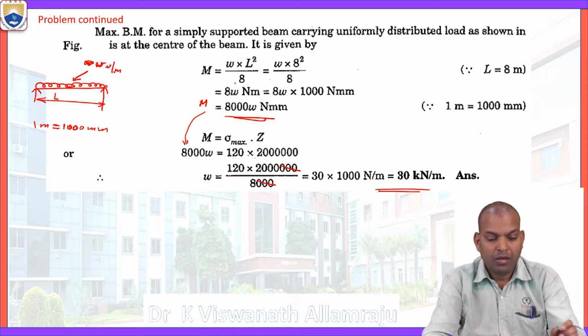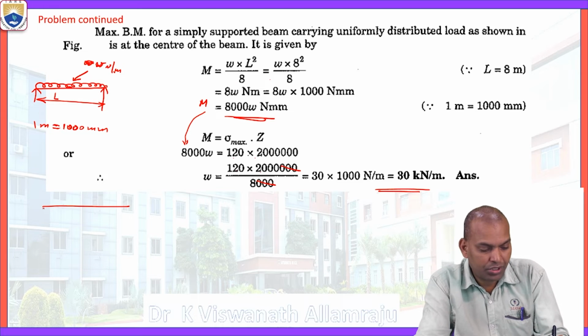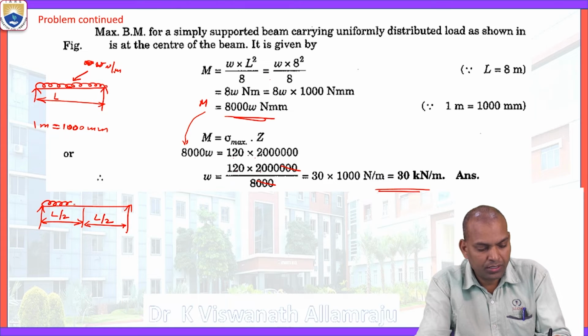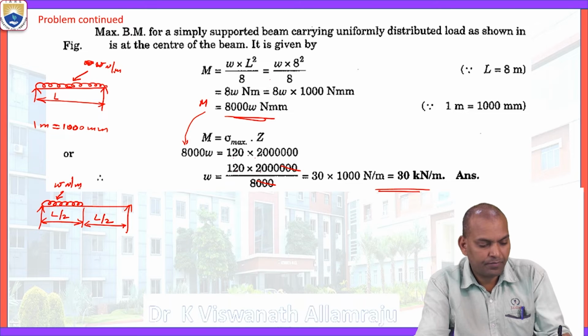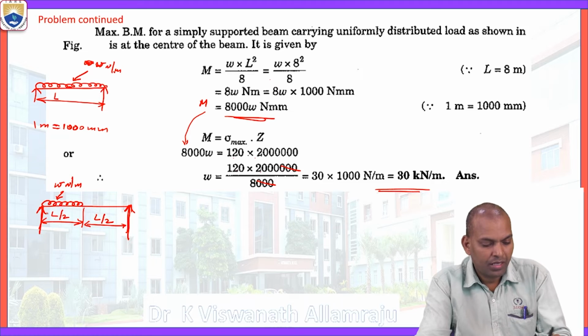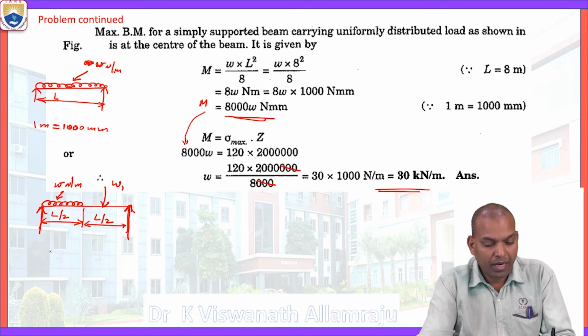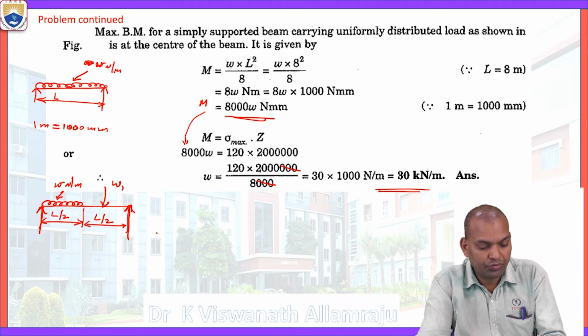But suppose it is partially loaded, for L by 2 it is UDL, w Newton per meter, and there is also a point load W1 acting. Then how to find the maximum bending moment M for this case?